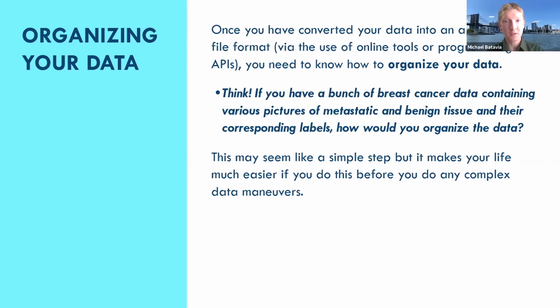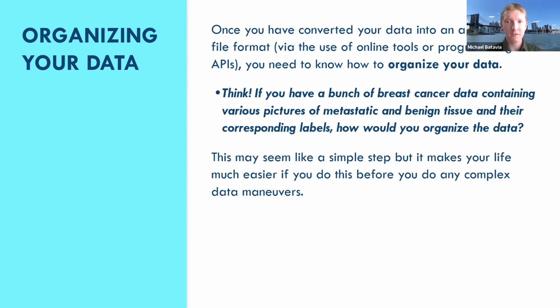The next step is organizing your data. Once you have converted your data to an appropriate file format, which you could do via online tools or programming APIs, you need to know how to organize your data. So here, I'm going to present you another question.